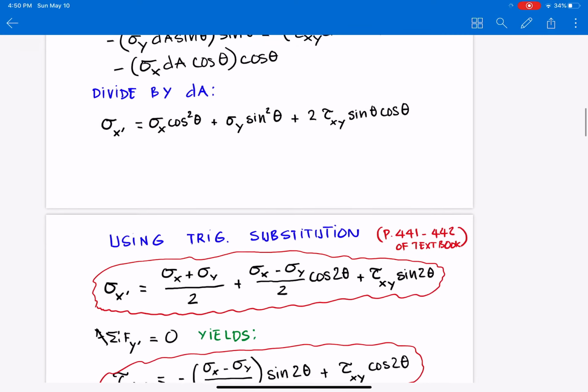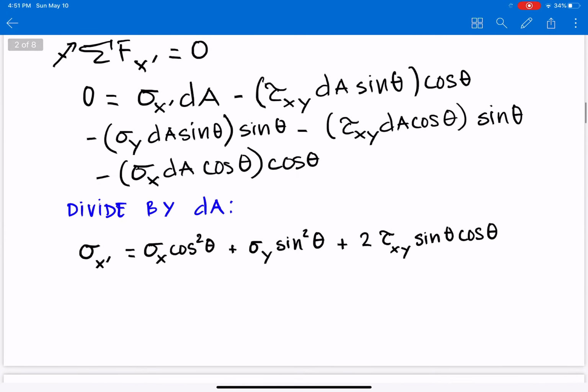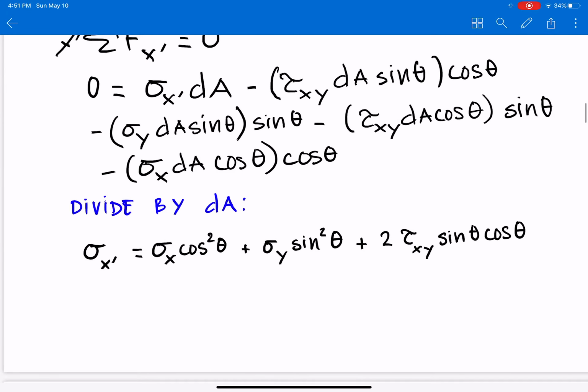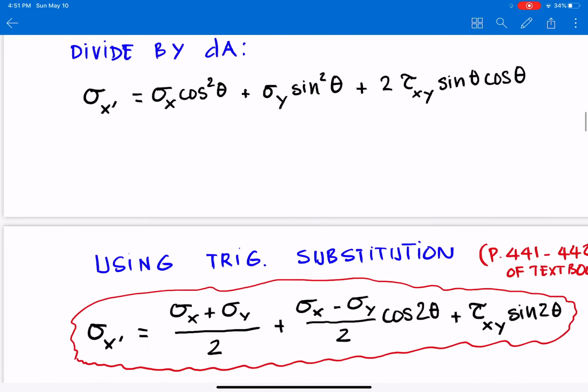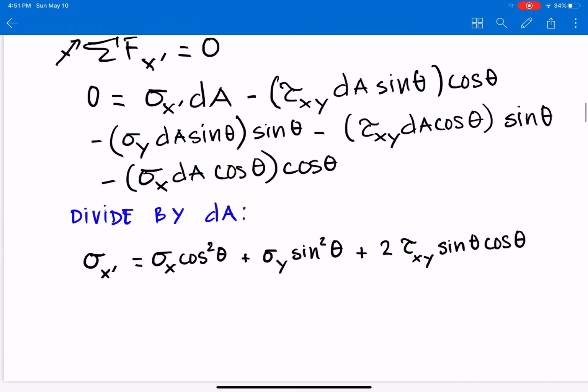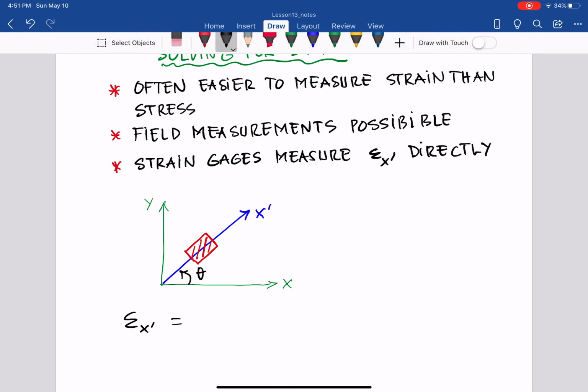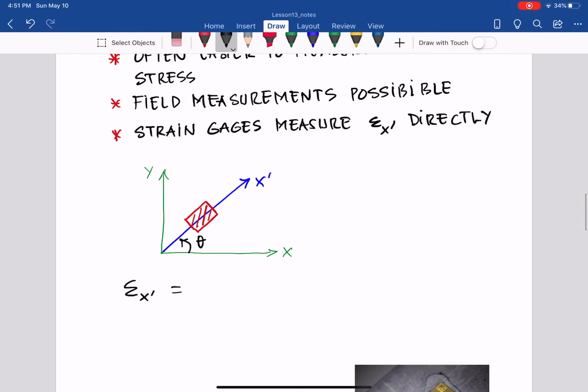So basically the original equation is here: sigma x apostrophe equals sigma x cosine squared theta plus sigma y sine squared theta plus 2 tau xy sine theta cosine theta. With that, instead of writing the equation after substitution, we can use this equation directly, and that's what I'm going to write here, as you can see.